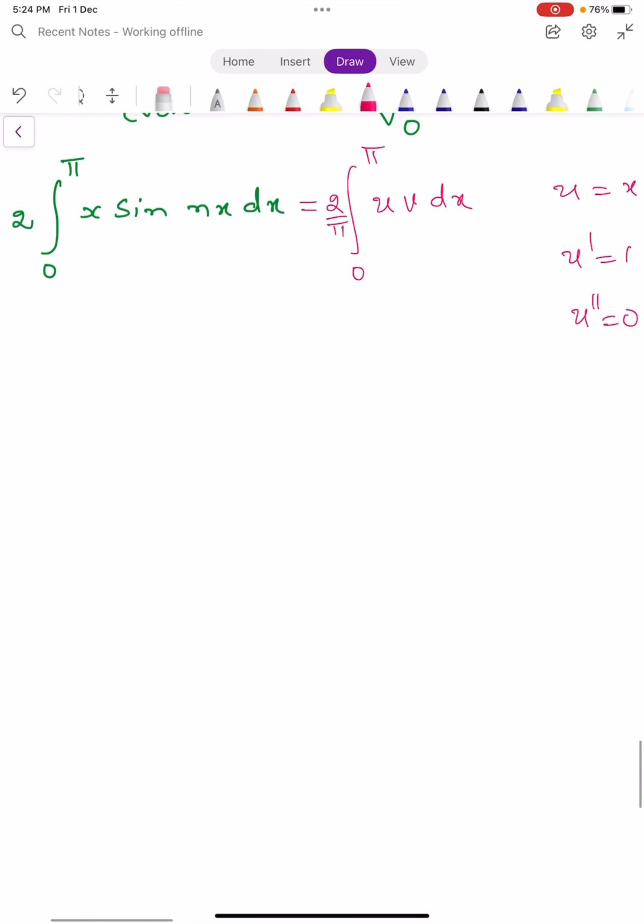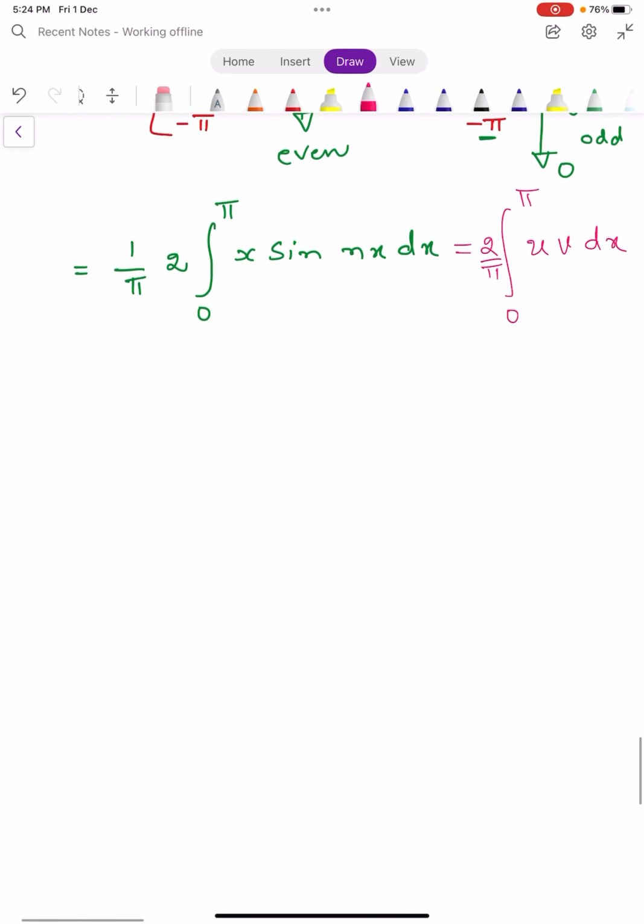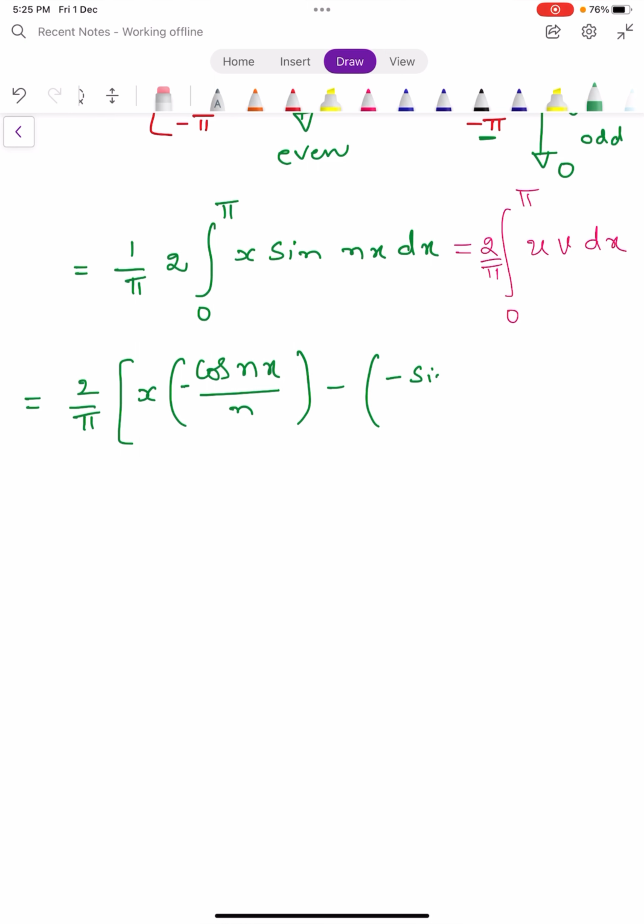Now you apply that formula here by integration by parts, and you simply get 2 by pi times x into cos nx by n, with minus there, minus cos nx by n, minus sin nx divided by n square, and the limits are 0 to pi.